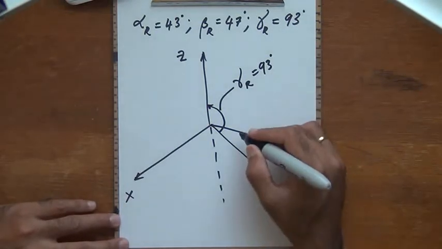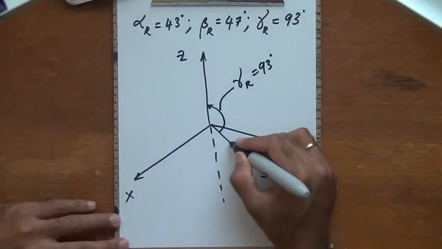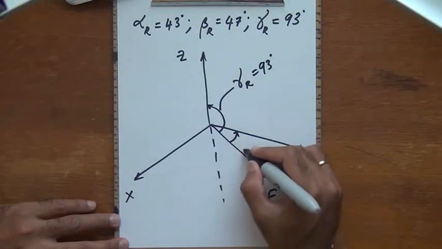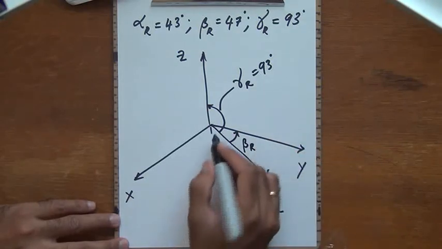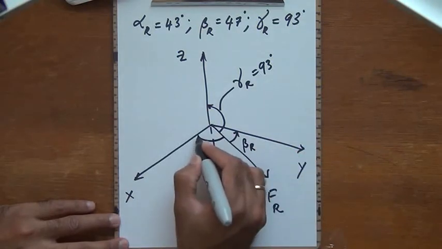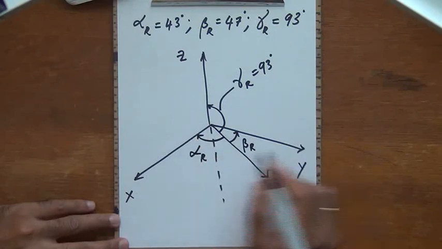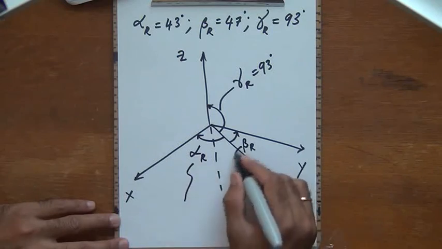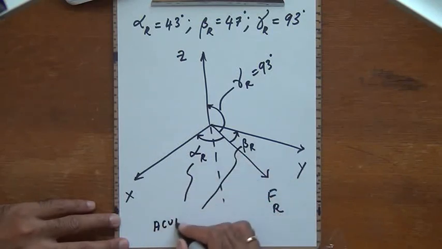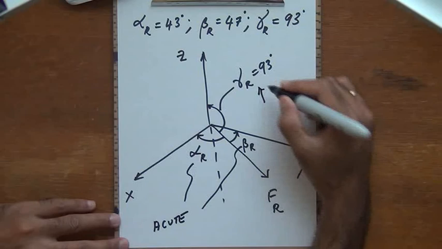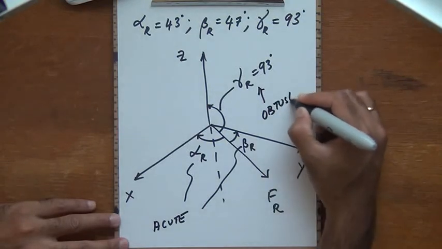Then I also have the angle made by the tail of this force vector with the positive y direction, this is going to be beta r, and then the angle made with respect to the positive x-axis is alpha r. Both alpha r and beta r are acute angles, but this one is an obtuse angle.